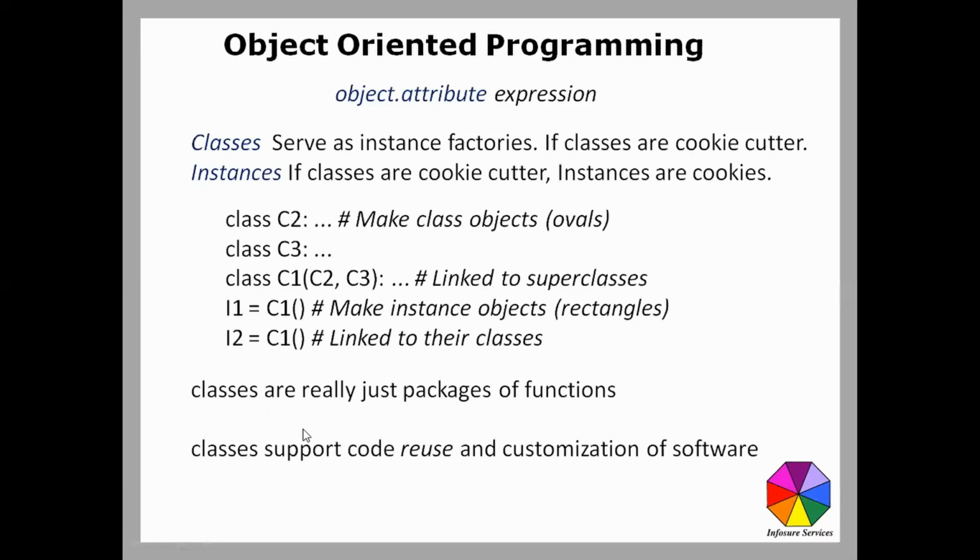Classes are really packages of functions. When we have multiple parent classes, and if there is a conflict between these classes, you explained to me last time, how do you overrule that? There is a method resolution order, MRO, which identifies the order in which you backtrace.